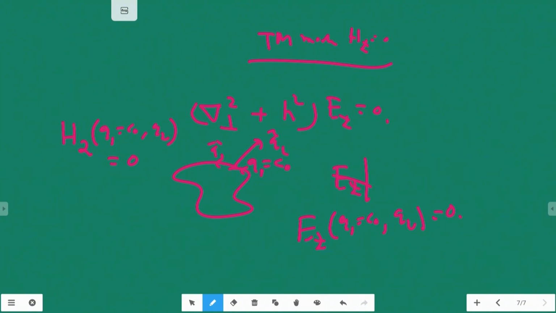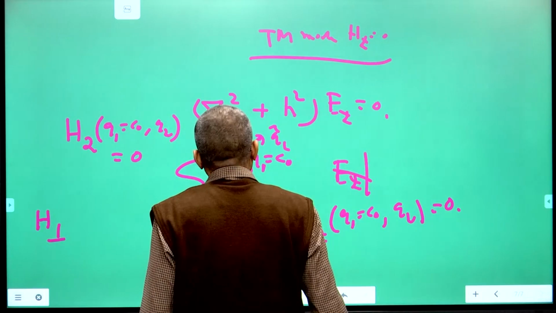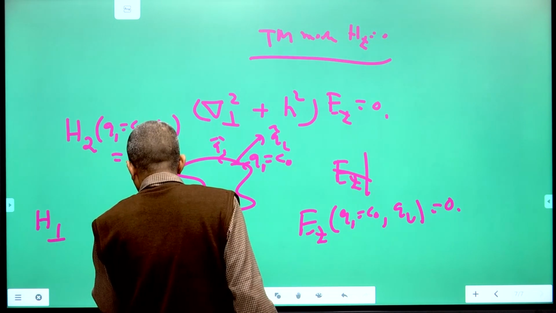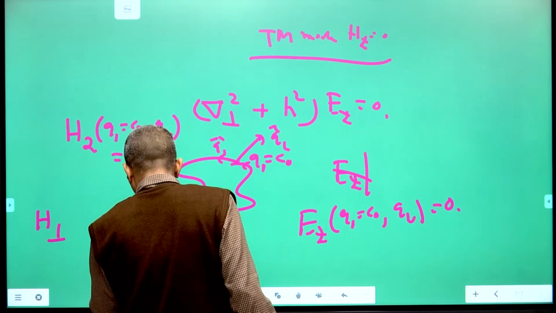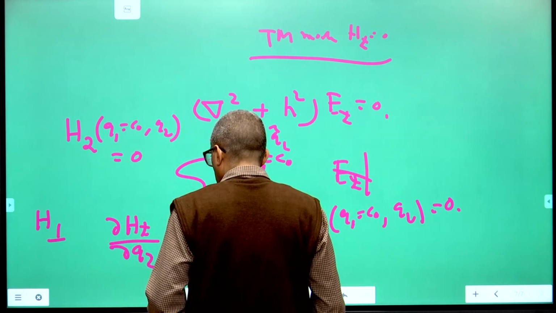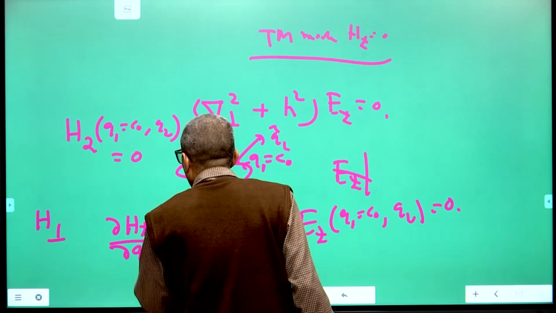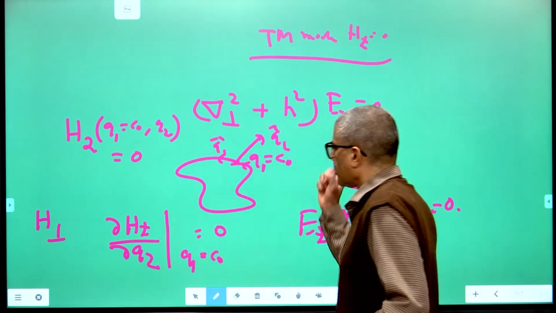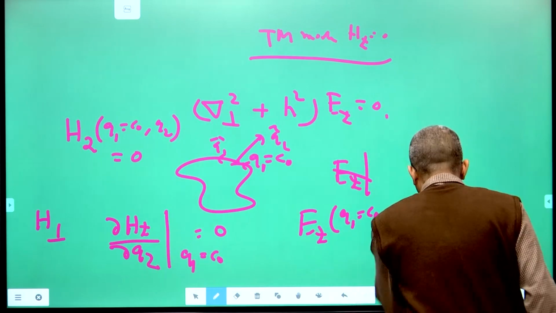You look at the q2 component; that must be 0 on the boundary. If you express H perpendicular in terms of Ez and Hz, this boundary condition will become simply ∂Hz/∂q2 is 0 when q1 is c0. The normal derivative of Hz along the boundary is 0. You can see it immediately from this.